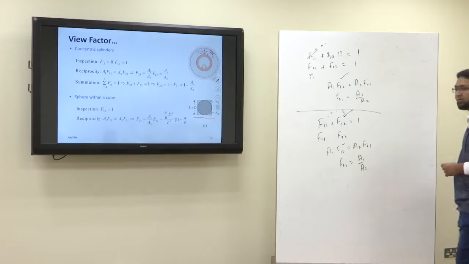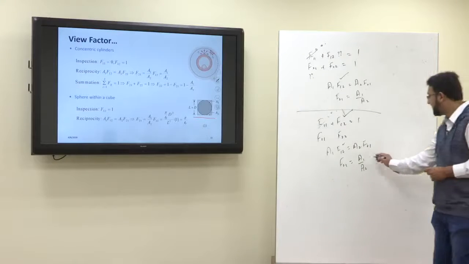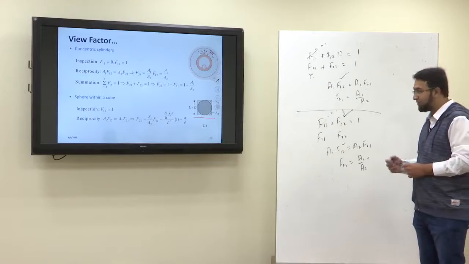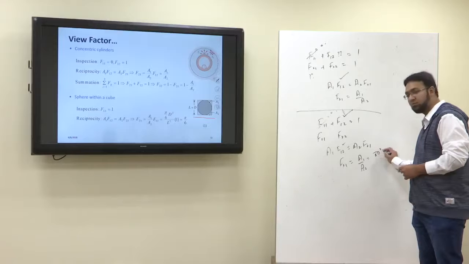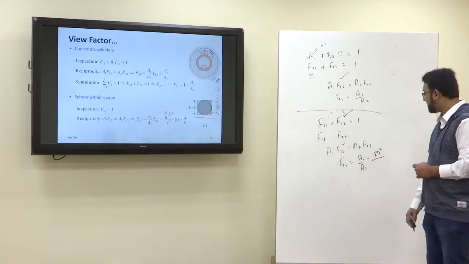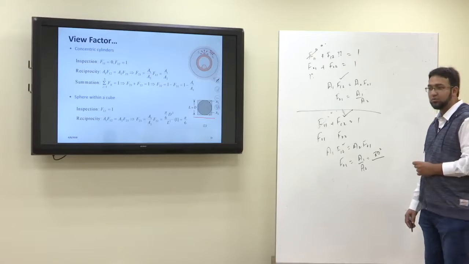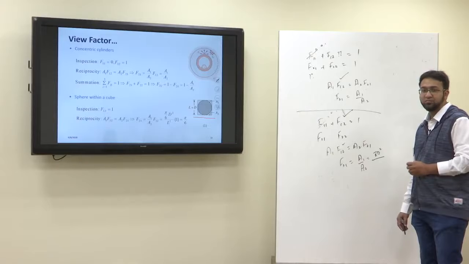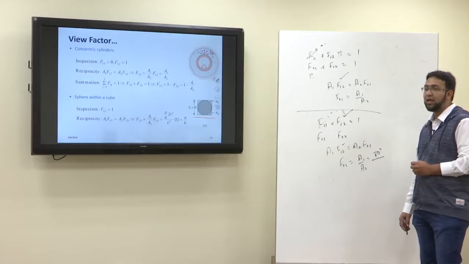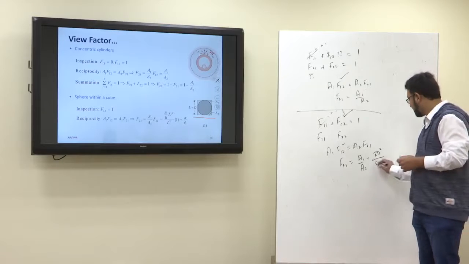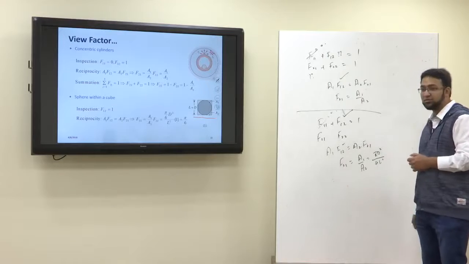Now what is A1? A1 is the surface area of the sphere. So it's pi D squared. And A2 is the surface area of the cube, which is 6 L squared, because it has 6 surfaces.